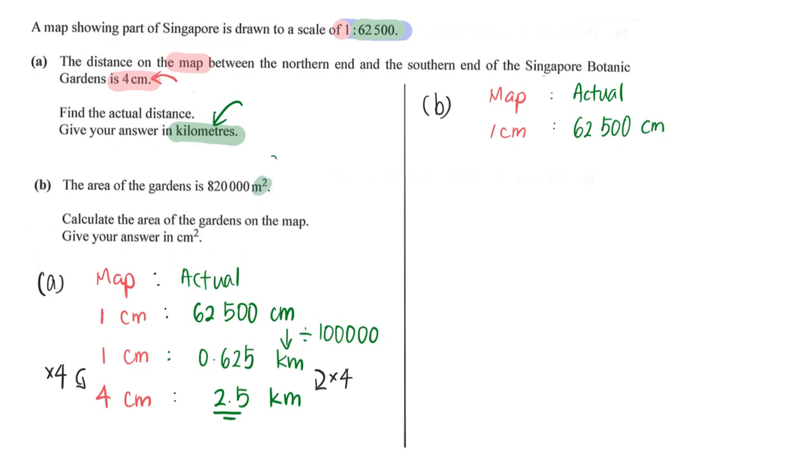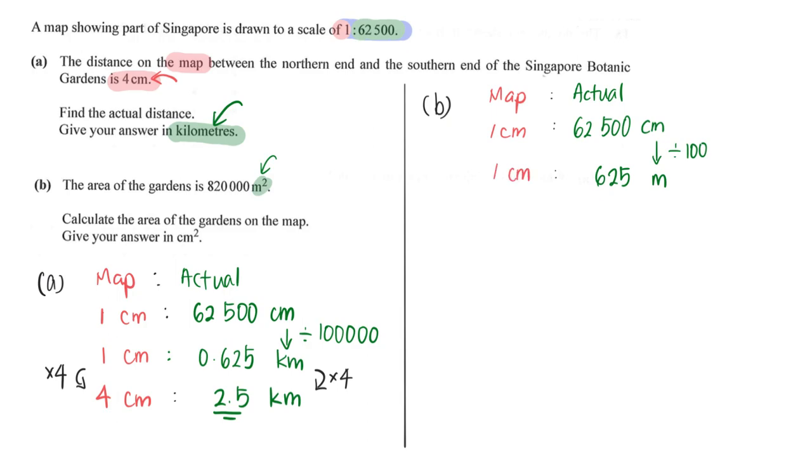Mr. Tan saw the unit is in meter square. So even before doing anything, Mr. Tan would convert this to meter. And to convert cm to meter, I divide by 100. So it's 625 meter. I still have my 1 cm.